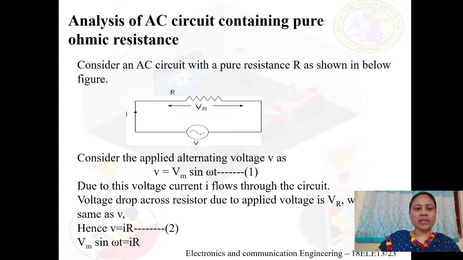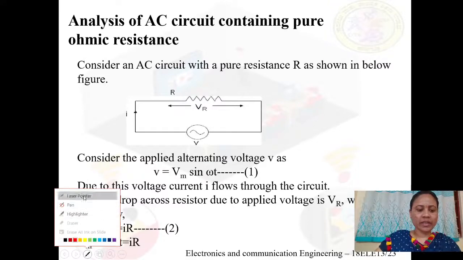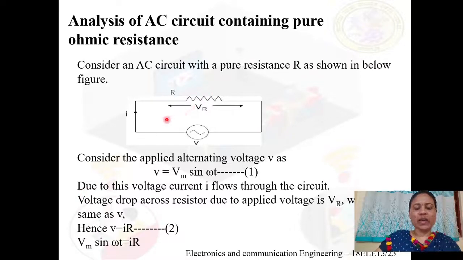Okay, let us start with the analysis of an AC circuit containing a pure ohmic resistive component. Let us take a circuit having only the resistive type component, and we can show the circuit like this. Here V is an alternating voltage, and we can express V as Vm sin omega t.